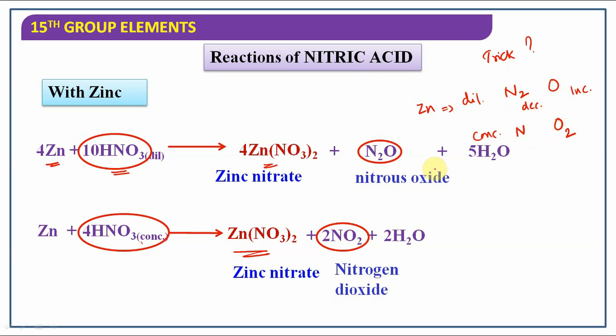Is it clear for you? So, zinc plus dilute HNO3 gives zinc nitrate plus N2O, nitrous oxide, also called laughing gas, plus H2O. Zn plus concentrated nitric acid gives zinc nitrate plus nitrogen dioxide plus H2O. Is it clear? Almost all remaining metals placed above hydrogen in the electrochemical series react in a similar manner.